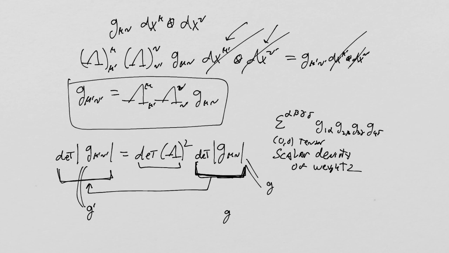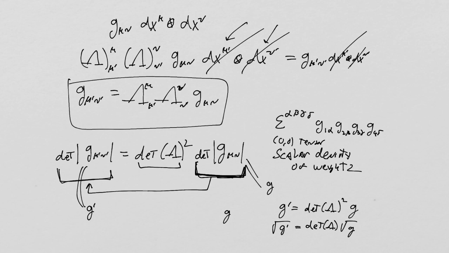So we write G prime equals det lambda squared G. And it's very common to write the square root of G prime equals det lambda times the square root of G.